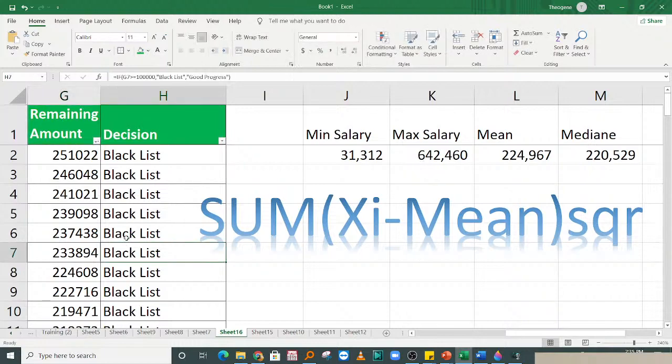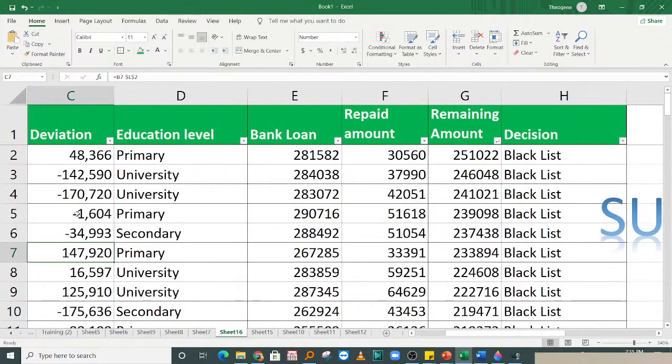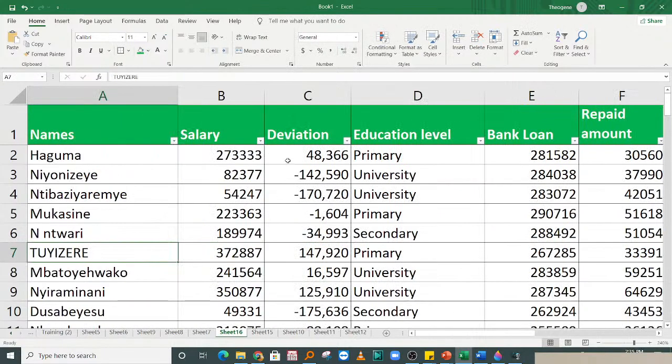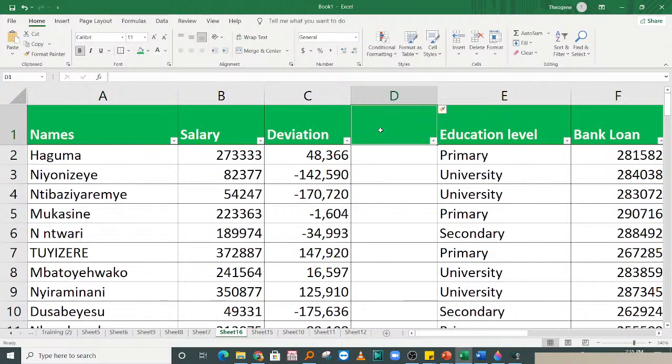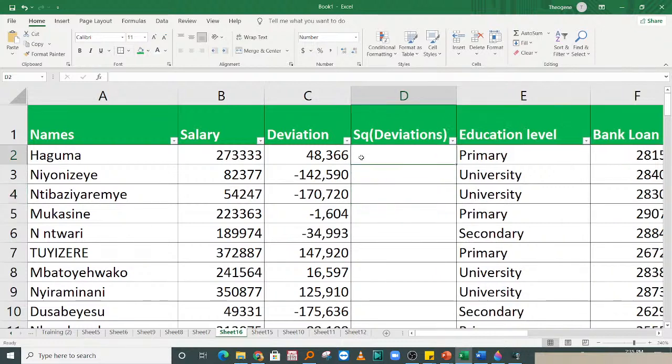So what I need is the square of the deviations, because among the deviations I have negative and positive numbers, and their sum is equal to 0. So the square of deviations is equal to what? Here we have the square.